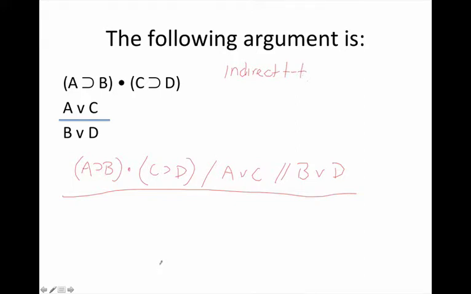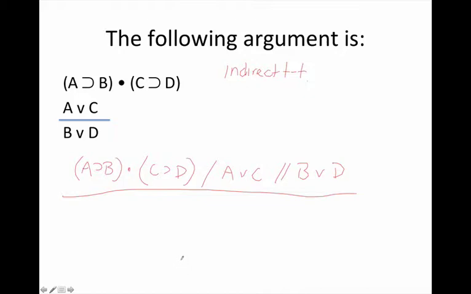This is a really handy way, when you're dealing with rows and rows of truth table calculations, to determine whether or not an argument is valid without having to construct all those rows.